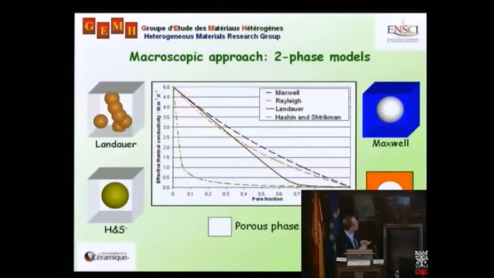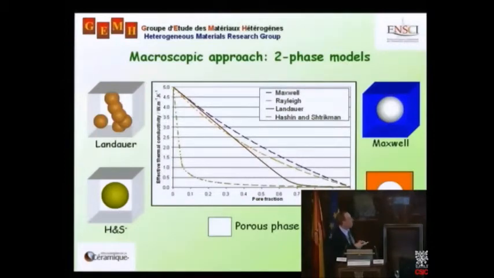Now, I'm going to look at basically two-phase models and indicate your interest in two of them in particular. Here we're looking at effective thermal conductivity as a function of the pore fraction. We're going to look at Maxwell's model, which is basically the model of a sphere inside a solid matrix.